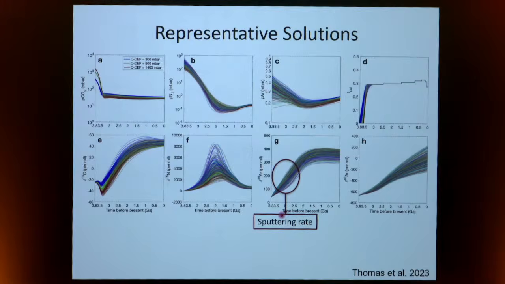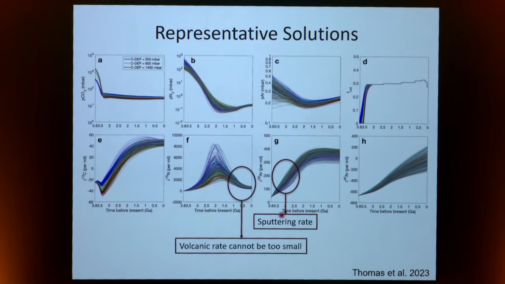The same sputtering should be able to raise the nitrogen delta 15N value to pretty high, and then we have to have some process to bring it back to the present-day value. So in our model, there is a period on Mars where the delta 15N value is fairly high in between the evolution, and there has to be some amount of volcanic outgassing to eventually bring that nitrogen isotopic ratio down to the present-day value.